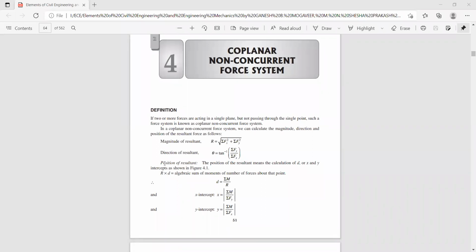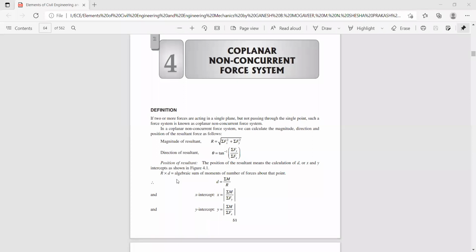The position of the resultant can be found by using the principle of moments, that is Varignon's theorem. That means the moment of the resultant about any point will be equal to the algebraic sum of moments of the forces about that same point.